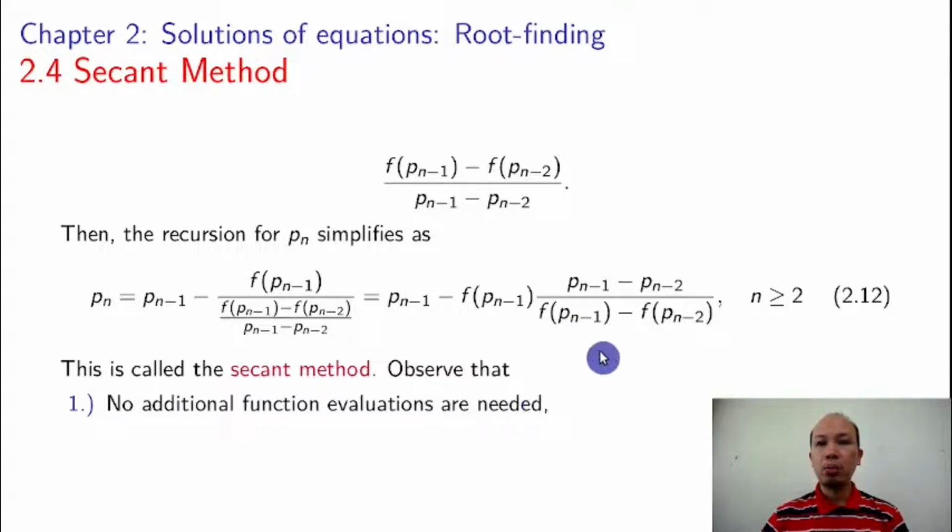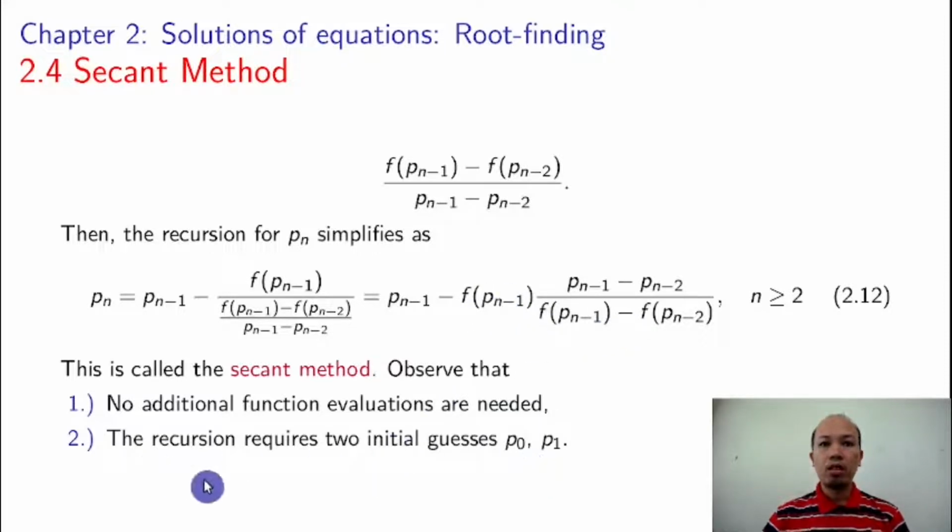All you have to do is plug the two iterates, p sub n minus 1 and p sub n minus 2, into the function, and it requires two initial guesses, p sub 0 and p sub 1. Of course, n is greater than or equal to 2, meaning when n is equal to 0 and when n is equal to 1, they should be the initial guesses of the recursion formula for the second method.